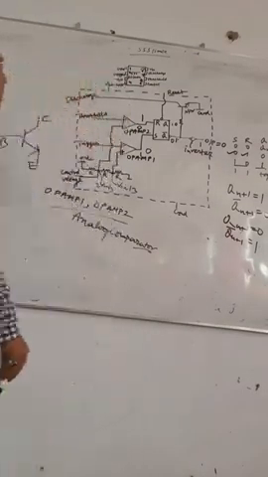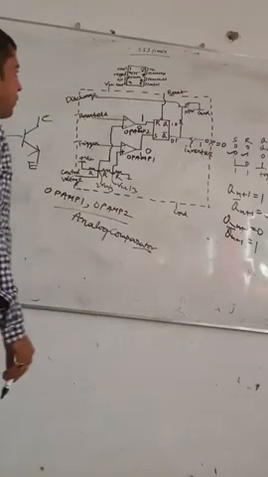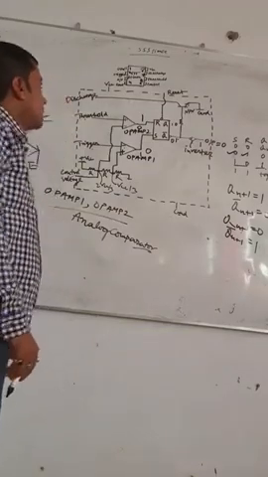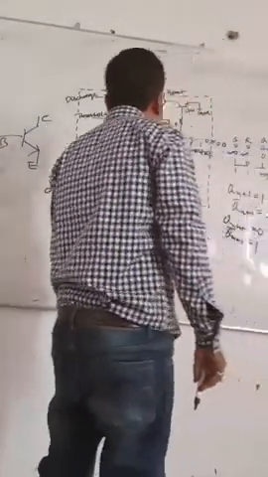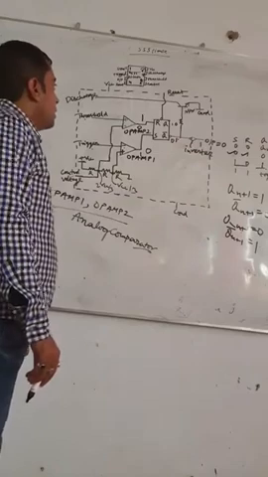The collector-base junction is in forward bias, or you can say the emitter-base junction is also in forward bias. The transistor is in forward active mode.